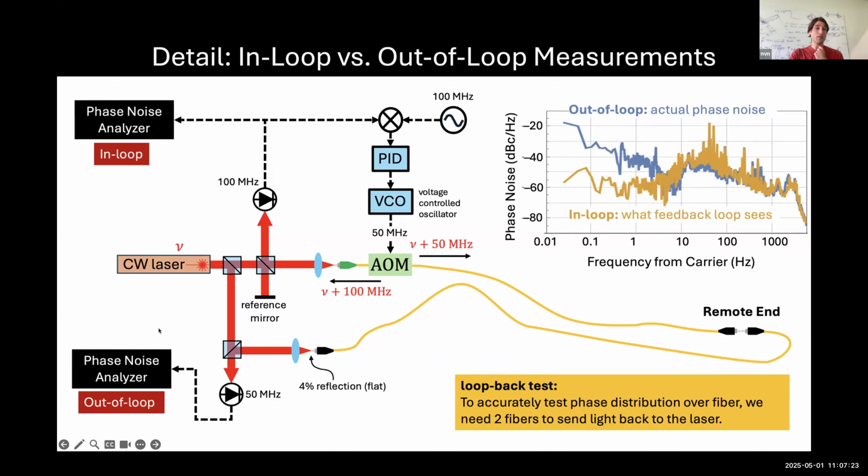This is the right way to do a phase noise measurement, and it tells you how much phase noise is actually in the system when you transfer over a fiber. In-loop analysis is always going to underestimate how much phase noise there is. I think that's what a lot of these groups are doing. So that's not the way to do it, though.